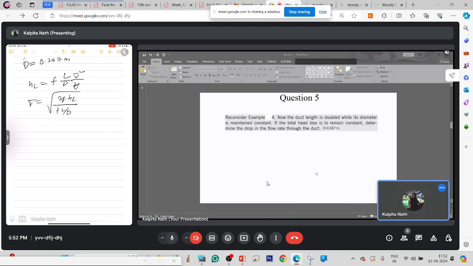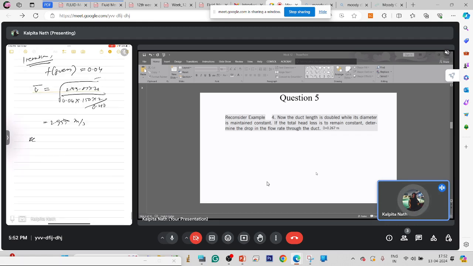Now iteration 1. Let's guess the first value of f as 0.04. Then V bar will be root over 2 into 9.81 into 20 upon 0.04 multiplied by 150 multiplied by 2 upon 0.267. This comes out as 2.955 meter per second.